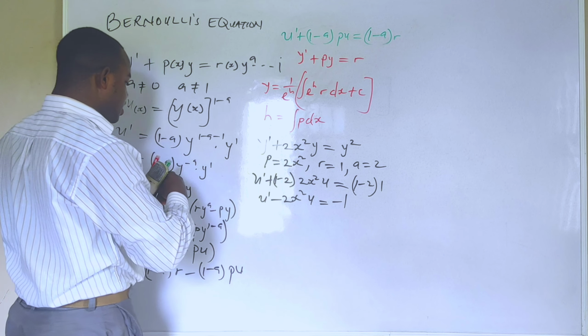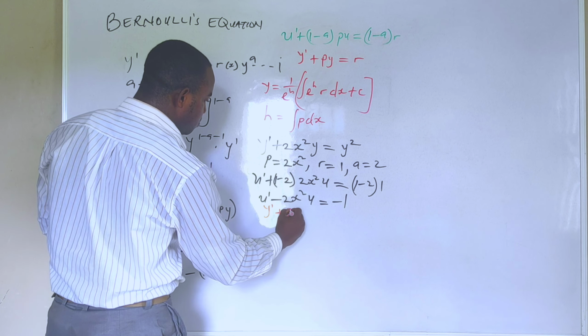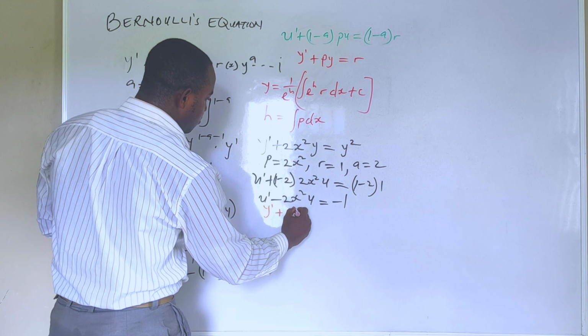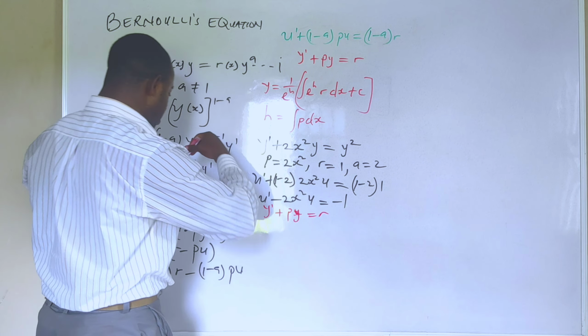So you will agree that this is similar to the form y prime plus py equals r. In this case, it's obvious we have p equal to negative 2x squared, r equal to negative 1.